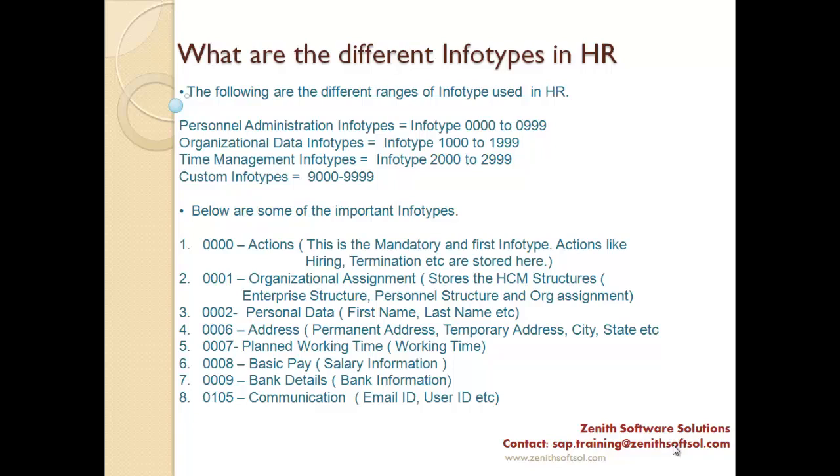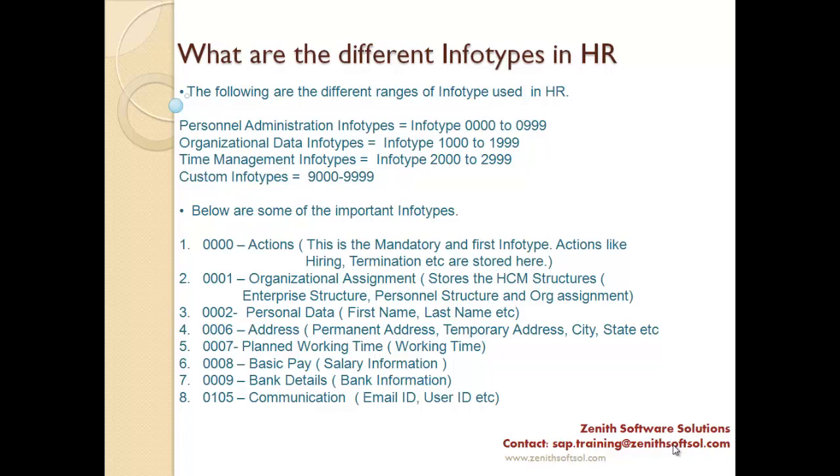The second one is 0001, or we say info type 1. Info type 1's name is organizational assignment. What does this info type store? This info type stores enterprise structure, personnel structure and organizational assignment, or I would say organizational plan.